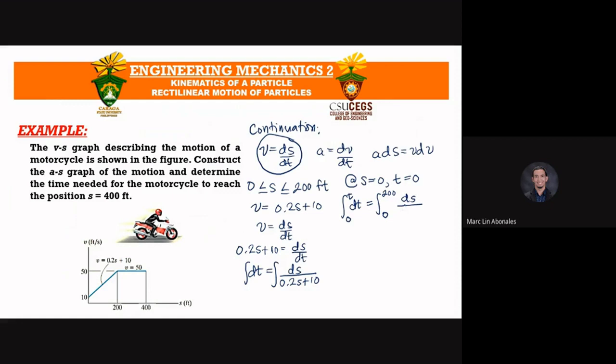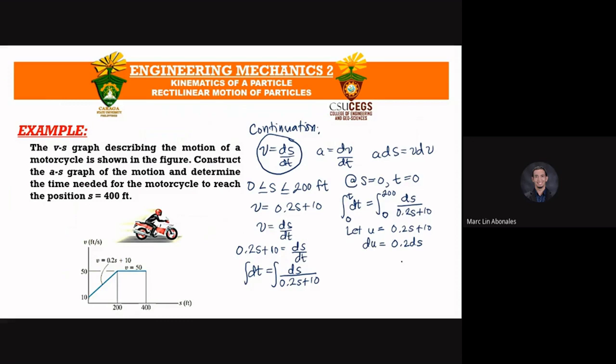So that is ds over 0.2 s plus 10. To solve the right side, we need to let u equal 0.2 s plus 10. Then we differentiate the equation, so du is equal to 0.2 ds.